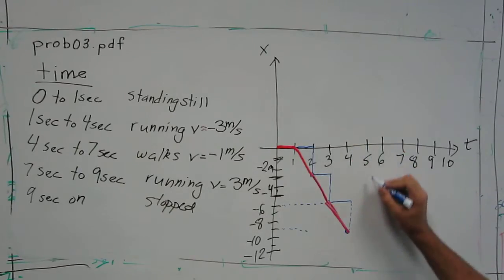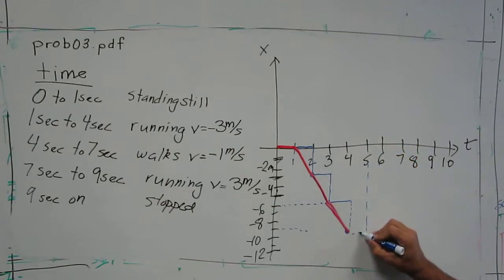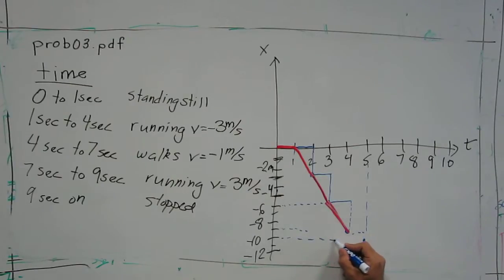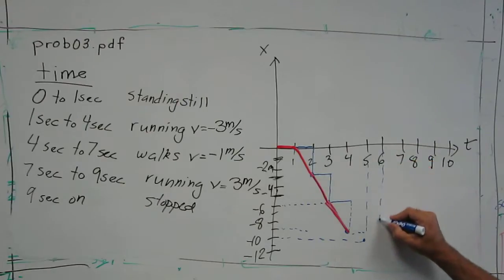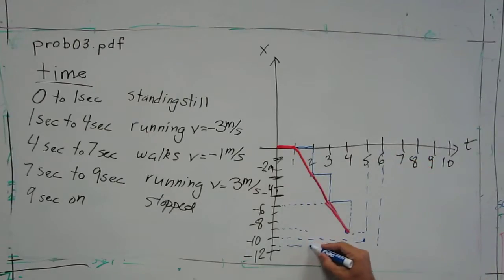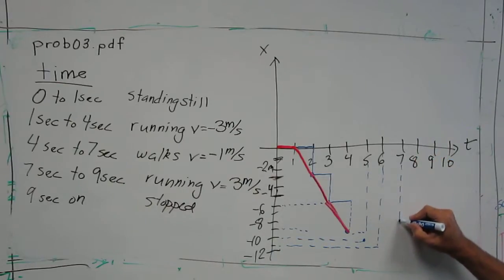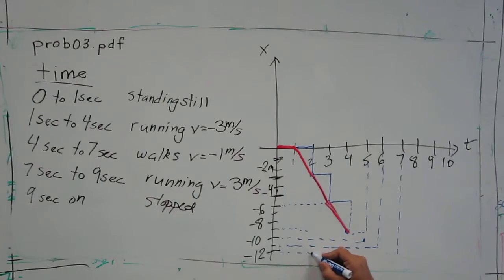So in 1 second, get this right, this is 1 second, I go 1 meter, which would be right here. This corresponds to 10. And I'm going to do this for 3 seconds. In the next second, I go another meter backwards, so I go from 10 to 11. And then in the last second, I go 1 more meter backwards.